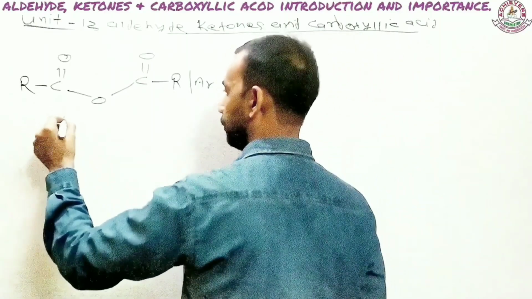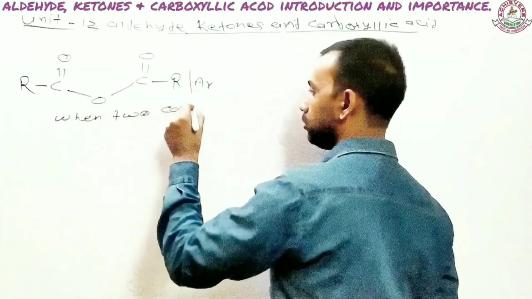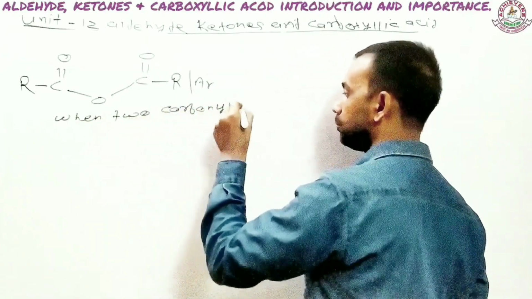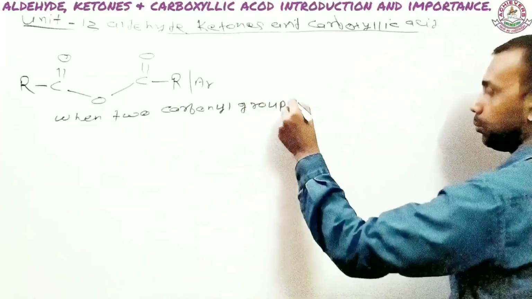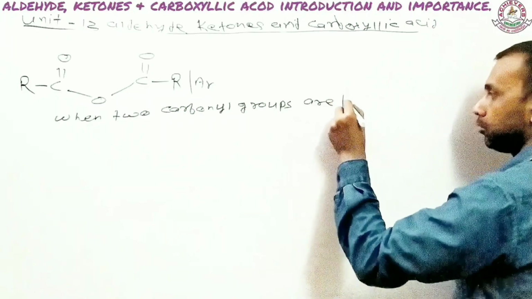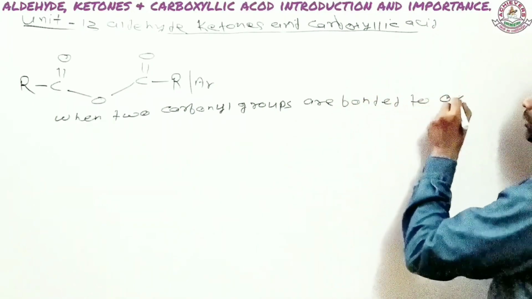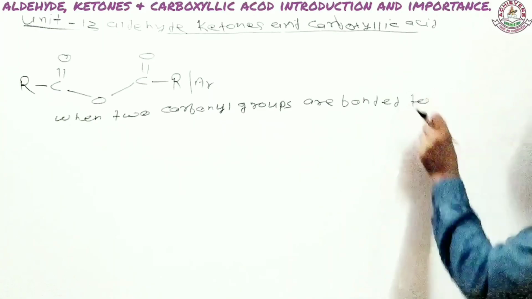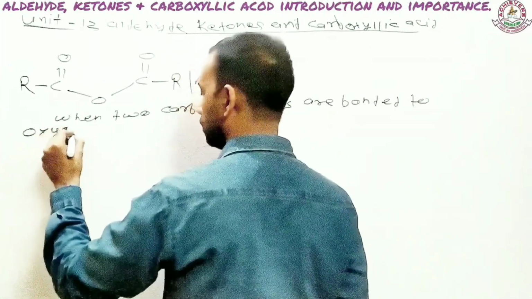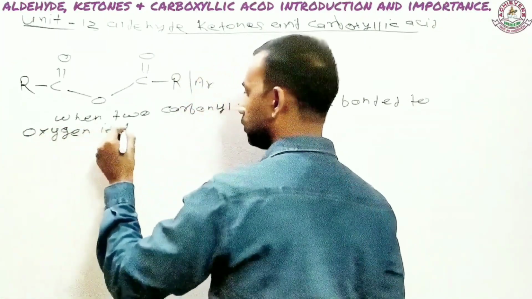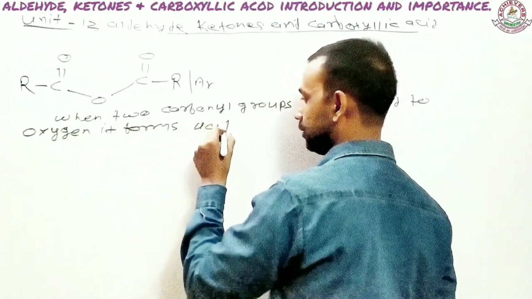So let me define: when two carbonyl groups are bonded to oxygen, it forms acid anhydride.